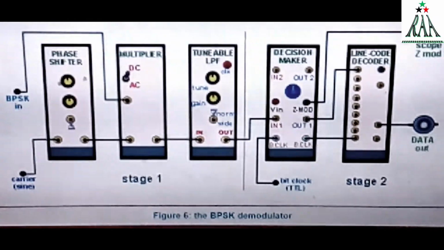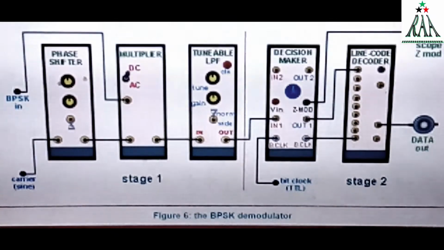To decode this, we have to use a line code decoder and a decision maker, which will decide the level of the signal, and an LPF will be used to recover our signal of particular frequency and eliminate the higher frequencies.